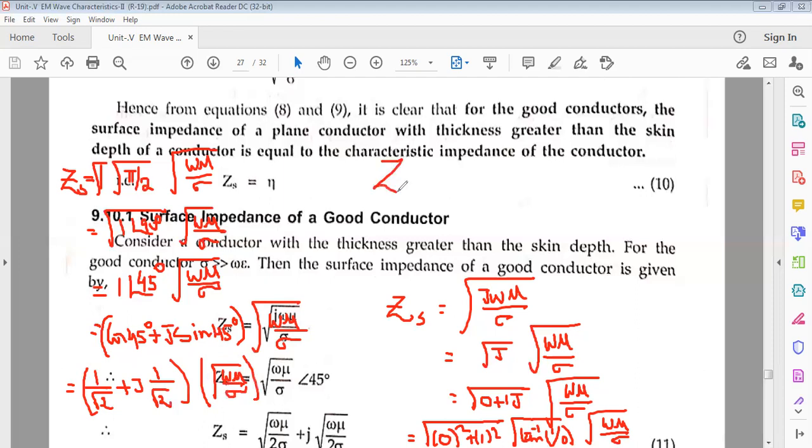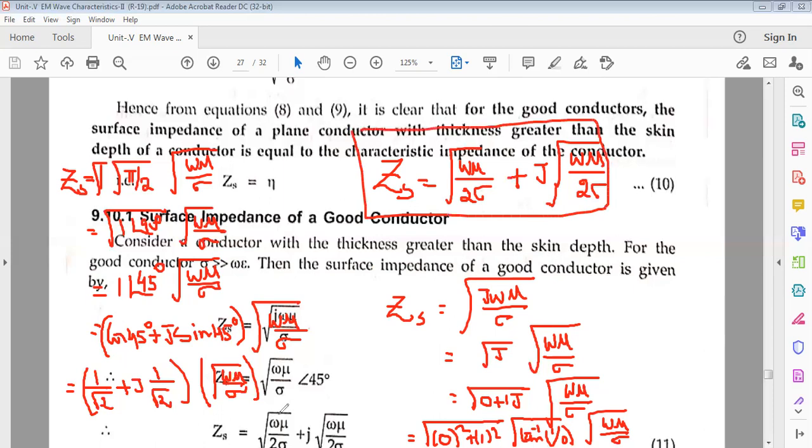Multiplying this out, Zs is equal to under root of omega mu by 2 sigma plus j into under root of omega mu by 2 sigma. So we got Zs is equal to root of omega mu by 2 sigma plus j root of omega mu by 2 sigma. Okay.